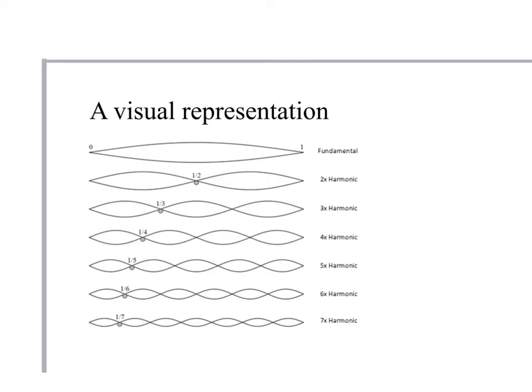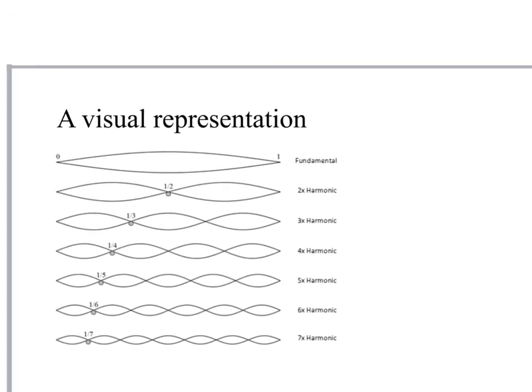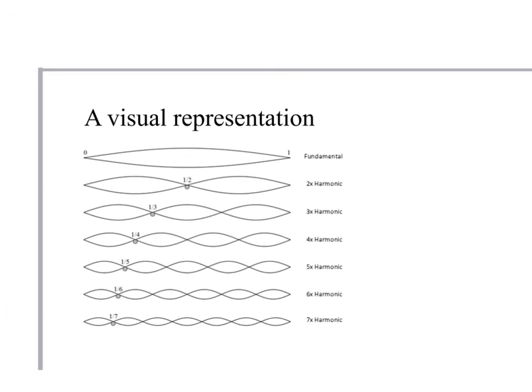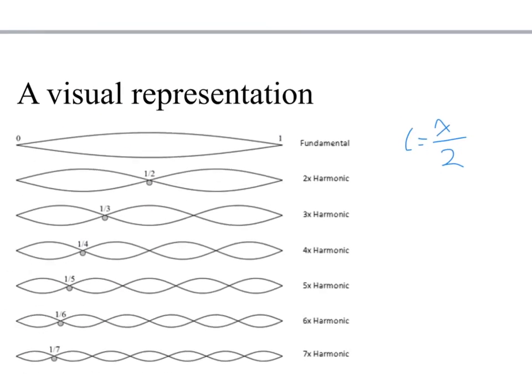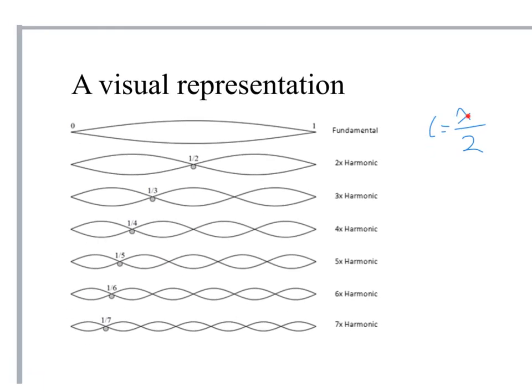It's also specified on the course that you have to be able to relate the length of the string to the wavelength of each harmonic. For the first harmonic, this can be represented using the following formula. The length of the string is equal to the wavelength divided by 2, or half of the wavelength.